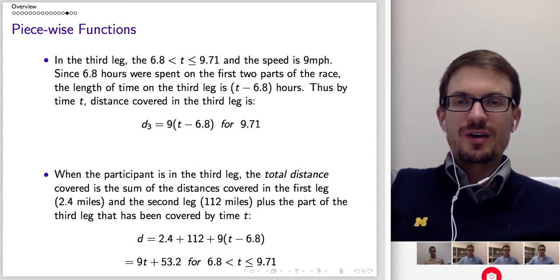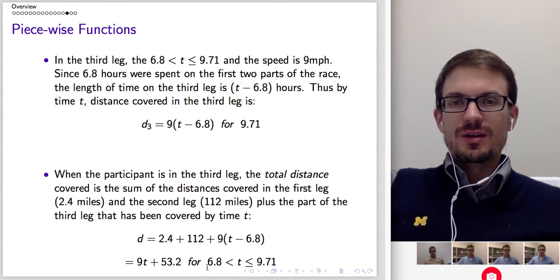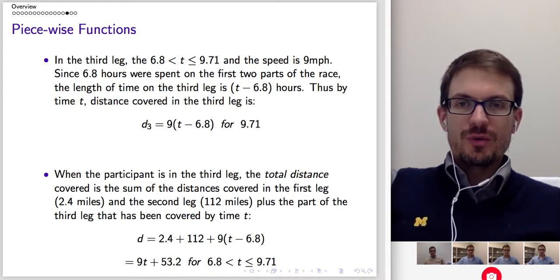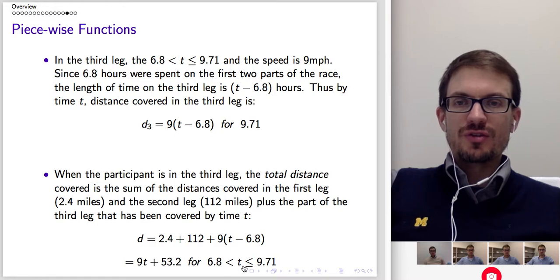This is what we want, not just for 9.71, but for 6.8 is less than t is less than 9.71. Must have a LaTeX error there. This should be this region right here.